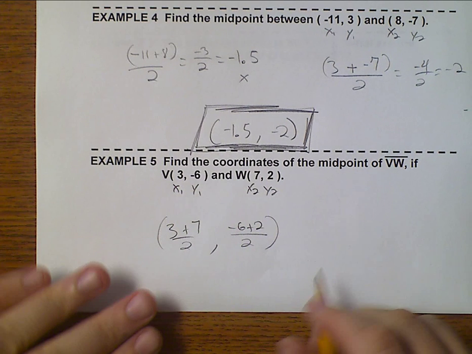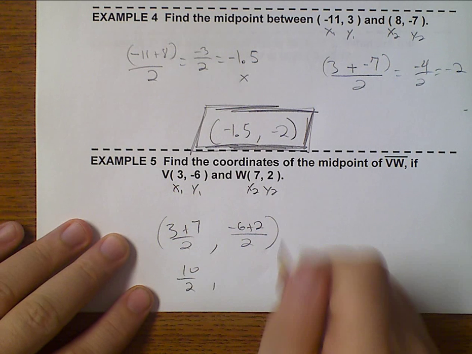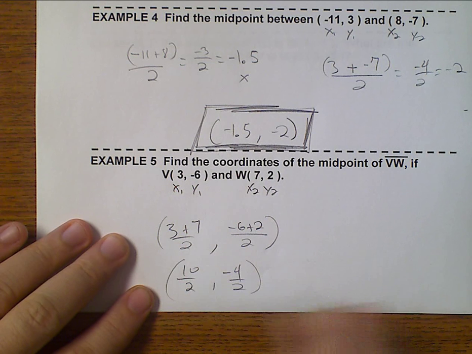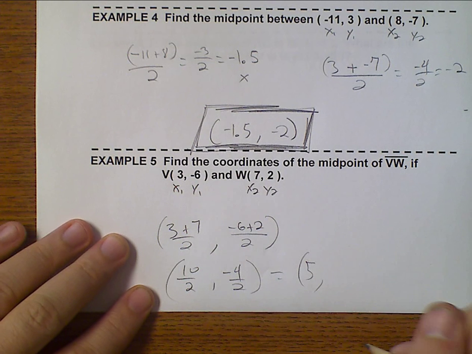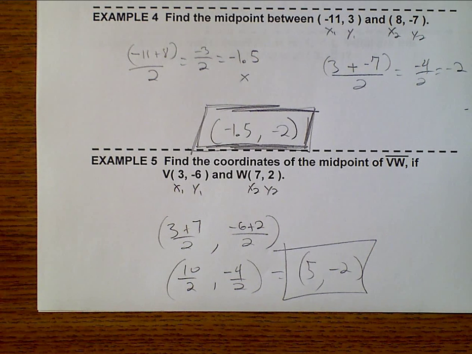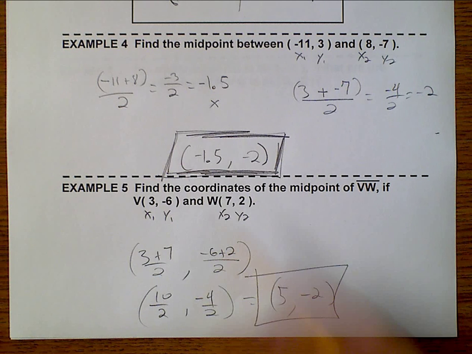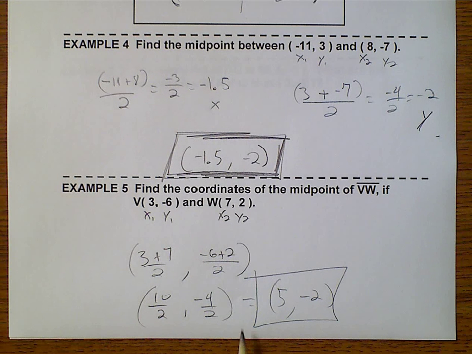Well, 3 plus 7 is 10 over 2, and negative 6 plus 2 is negative 4 over 2. 10 over 2 just equals 5, and negative 4 over 2 equals negative 2. And so there we go. Here I worked them out separately, and here I worked them out together. Use whichever method feels most comfortable for you.